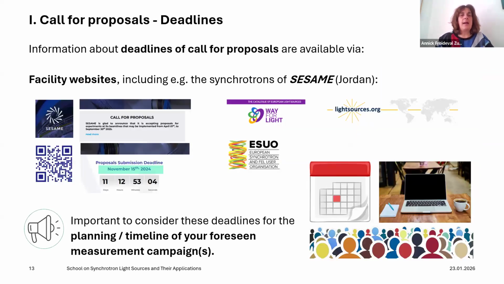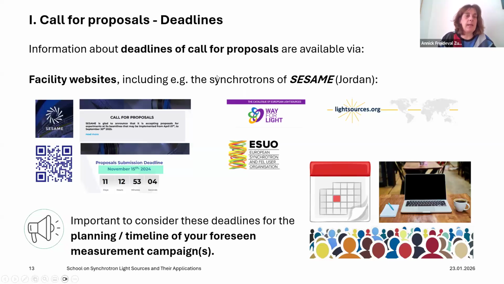So here, these are ways you can get information about the deadlines of the call for proposals. There are different possibilities for how you can get this information. The best is to go to the facility websites because you will get information for sure.